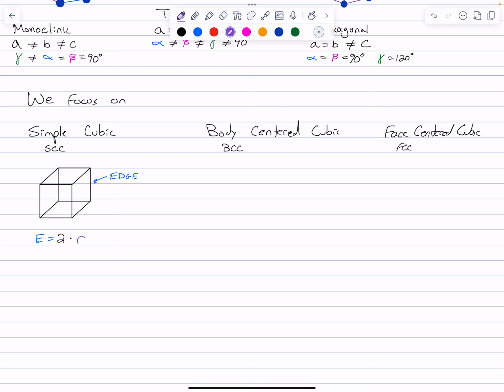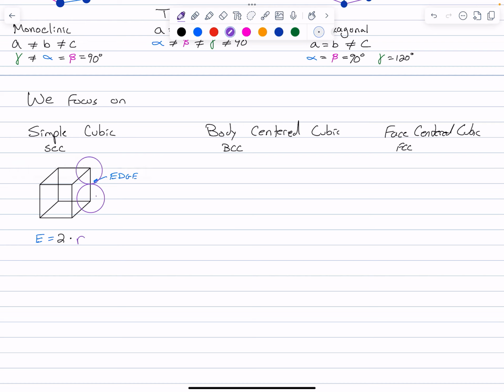And what do I mean by that? Well, in simple cubic, you're going to have an atom and an atom, and if I could draw them better, you would see that they would touch on the edge.